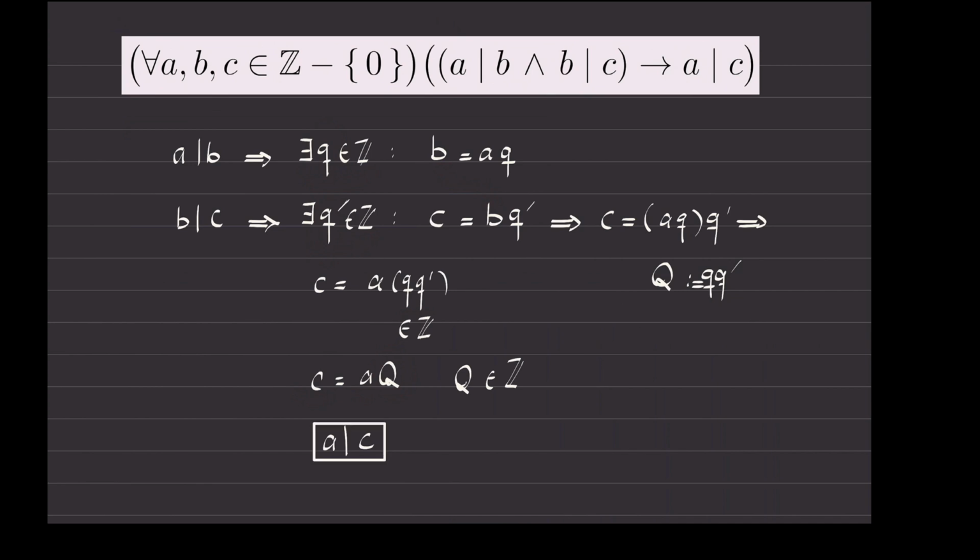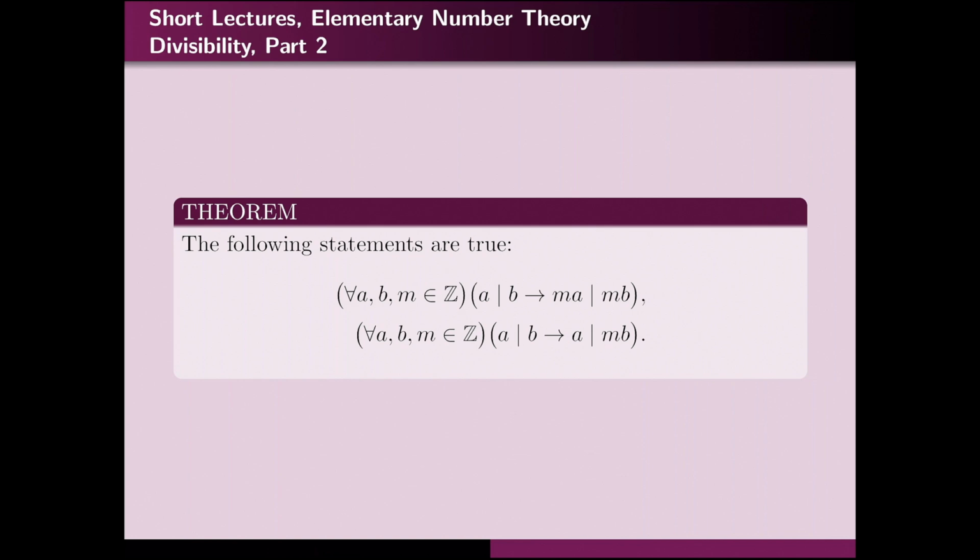Okay, very simple. Another theorem that we want to discuss today, and very simple, is this. If I have a dividing b, and I know that m is an integer, I can multiply both sides by m, and this relation still holds.